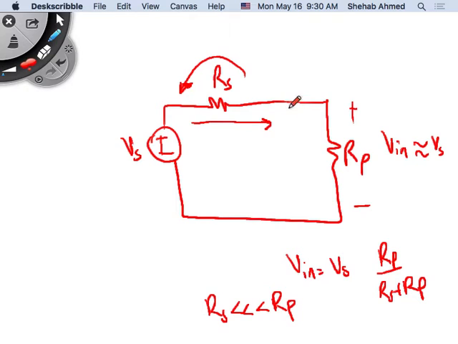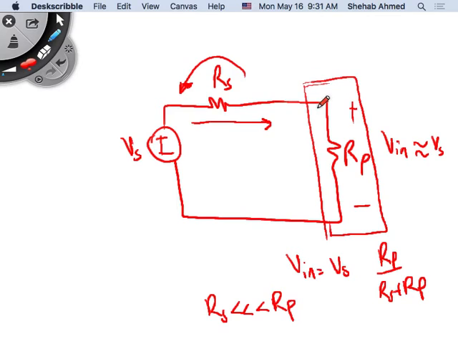Sometimes I would like this Rp to be high current. For example, yesterday we were saying that sometimes I have a sensor and I want, as soon as the sensor detects that there is sunlight, to run a motor. For me to run a motor, I need high current. A sensor will not be able to provide high current.